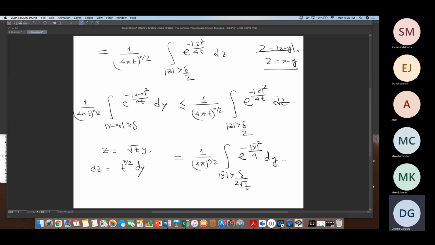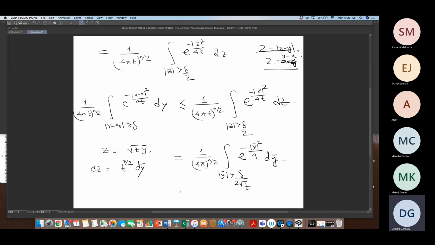No, this y and this y are different. You take y bar. The sign will change. Okay, take y minus. So this y and y are different.